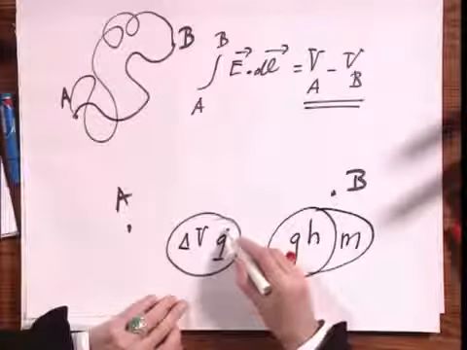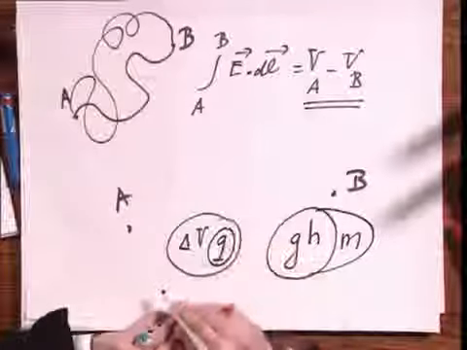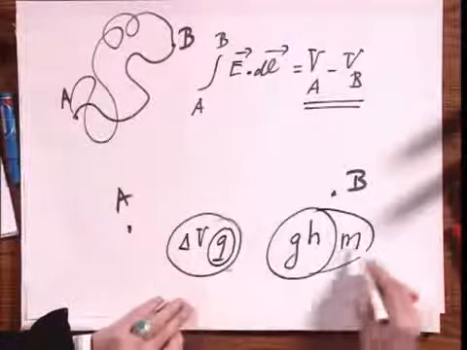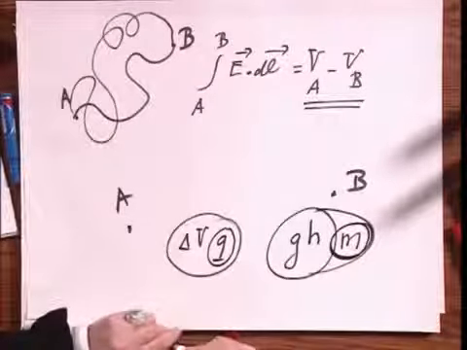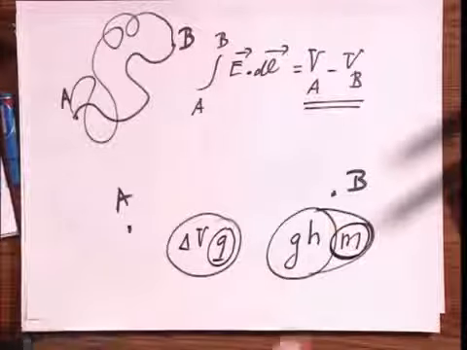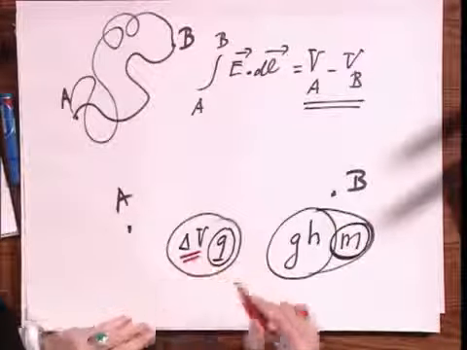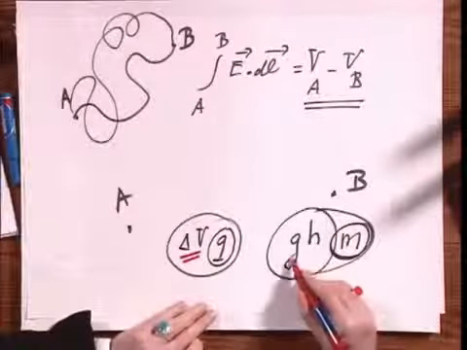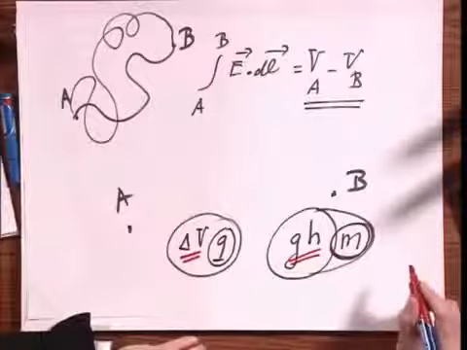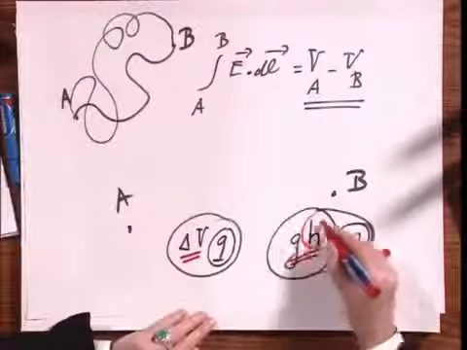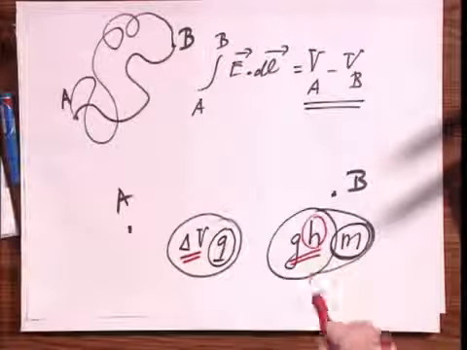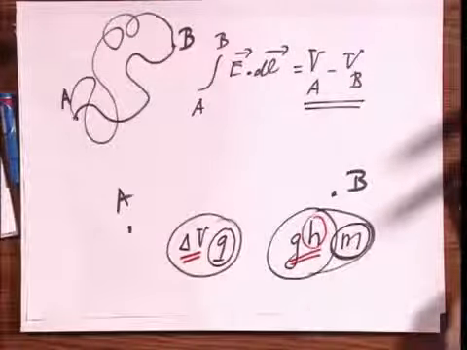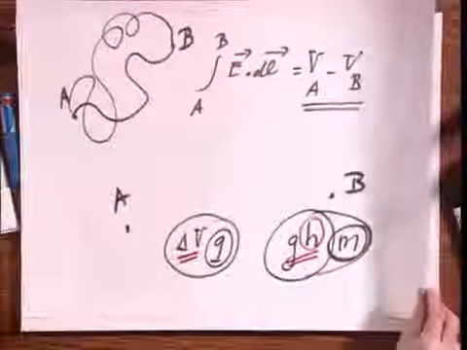So you see the electric charge Q in electricity plays the same role as the mass in gravity. And one could call this the difference in electric potential and this the difference in gravitational potential. H is the vertical distance between the 2 points that you are considering.